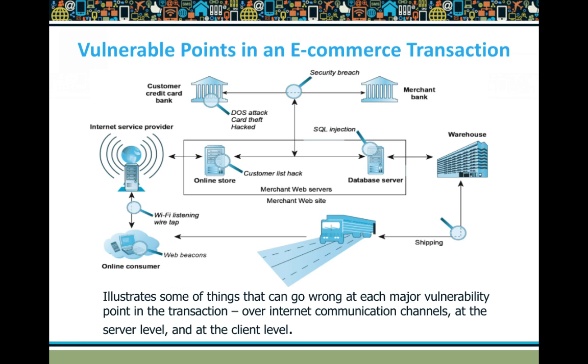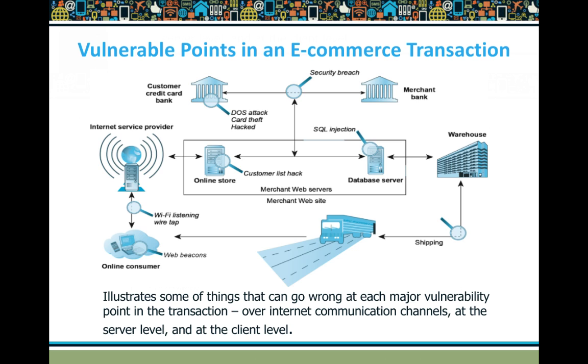Next is the database part. The database server maintains the details of the products that the merchant has to sell through his e-commerce website. There also we can have an SQL injection attack. We'll learn what an SQL injection attack is in the coming slides.